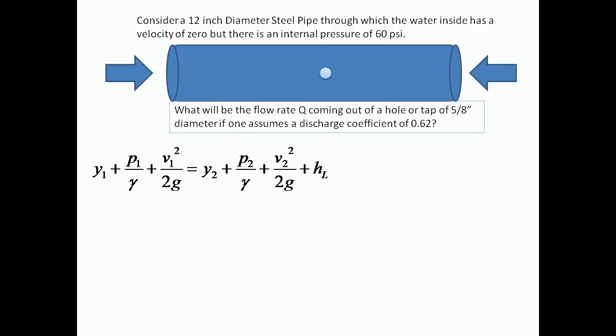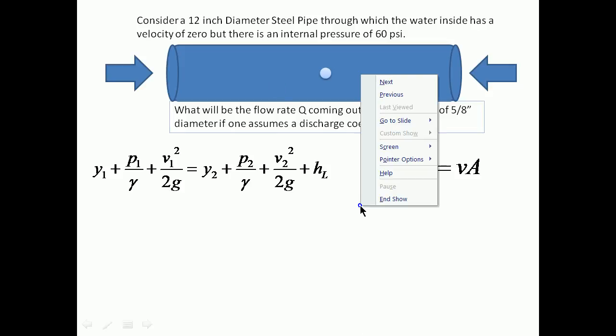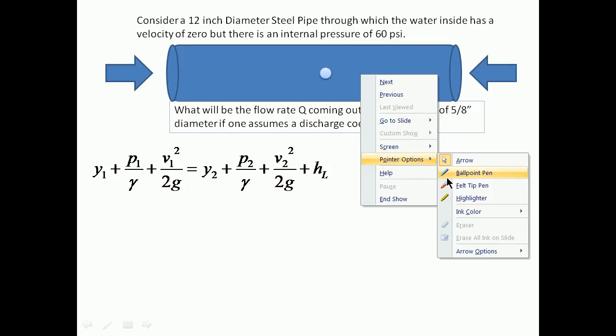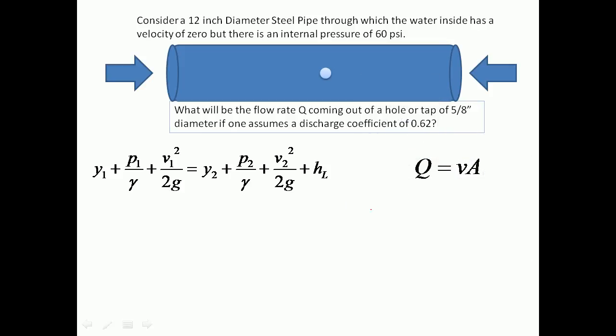Right away, you write down and chant Bernoulli's equation, and you also realize that very often to get a flow rate you need to get the velocity and then multiply by the area. You then use the pointer options, felt tip pen.